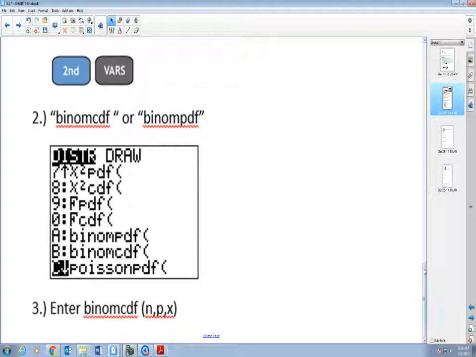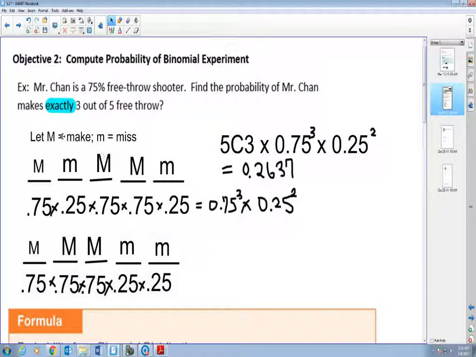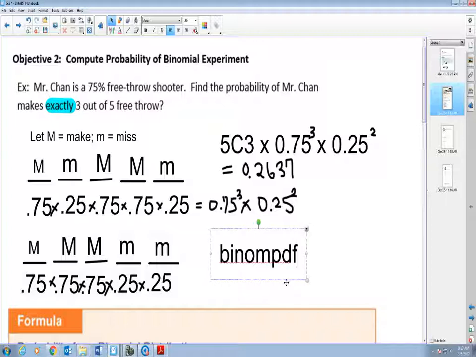If I go back to the problem we just did about my free throw, the word exactly 3. Another way to find this, rather than using a formula, is binomial PDF, because exact uses PDF.